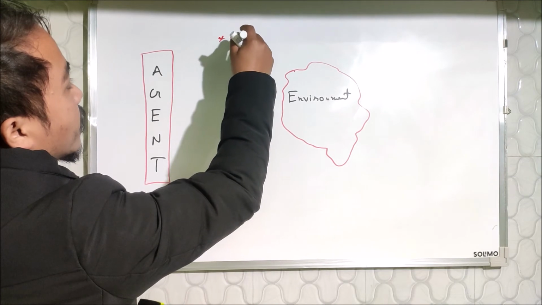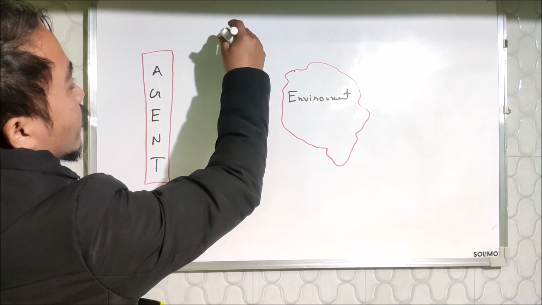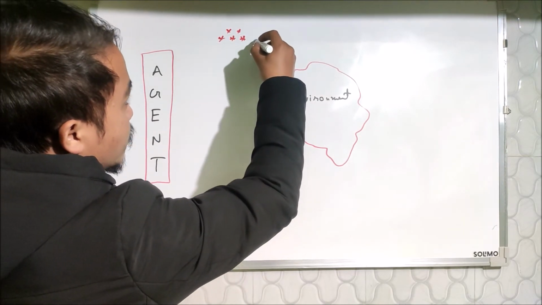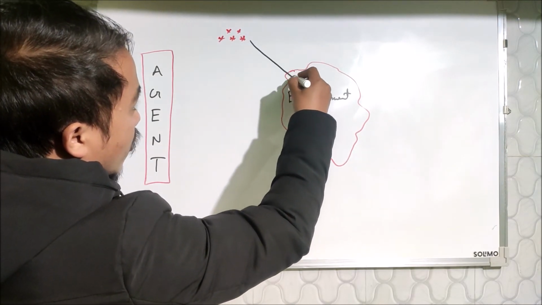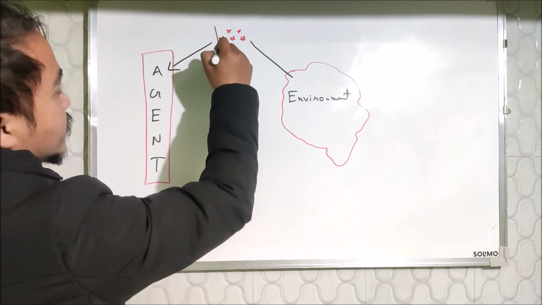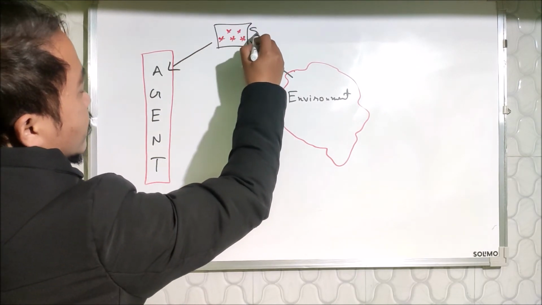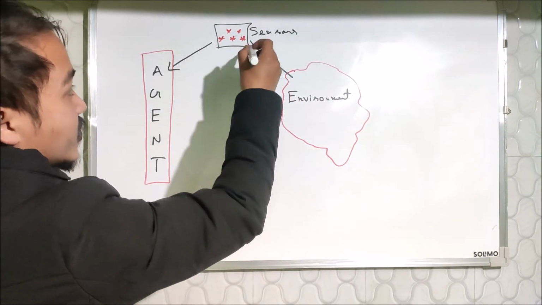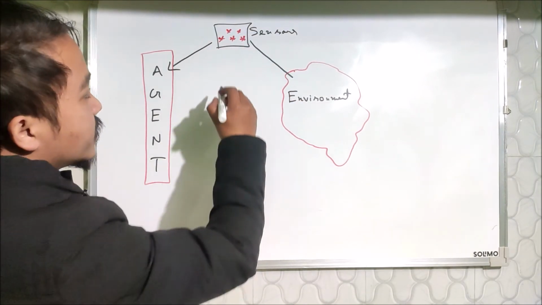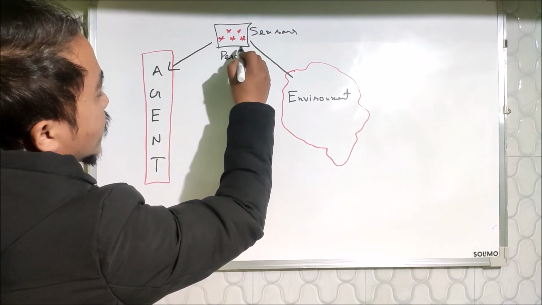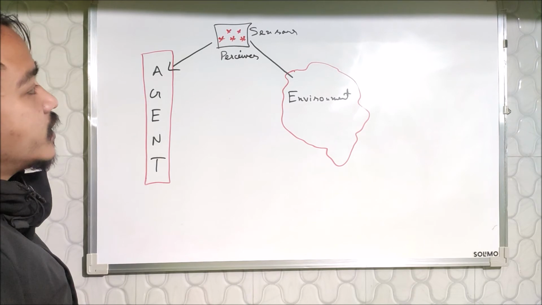Let's say you have these sensors, and through these sensors the agent perceives information from the environment.